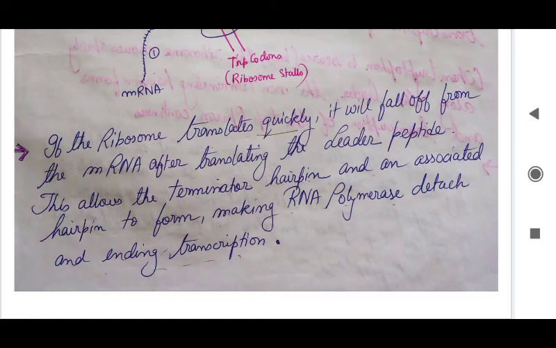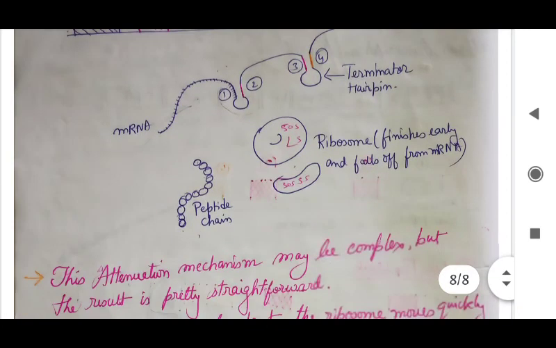The terminator hairpin is actually formed from that same attenuator sequence, and the associated hairpin forms, making the RNA polymerase stall and detach from the mRNA and end the transcription process.